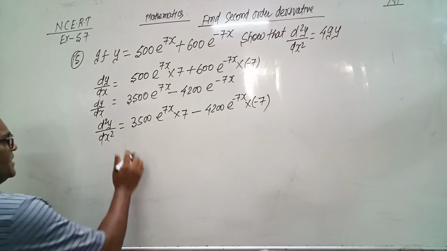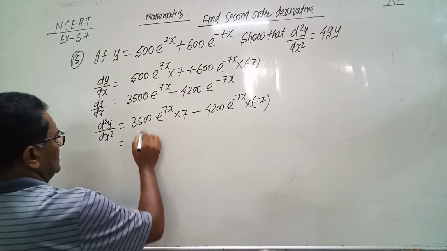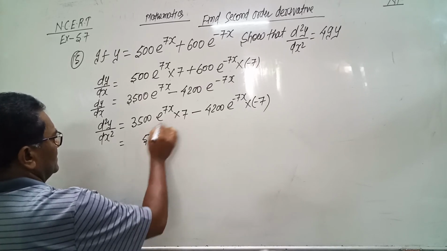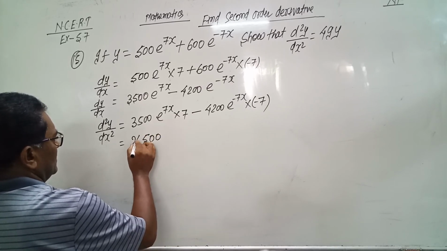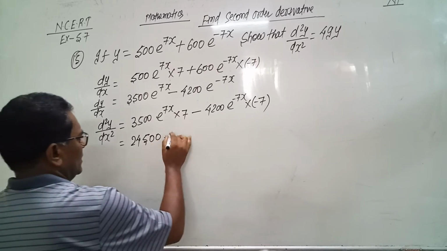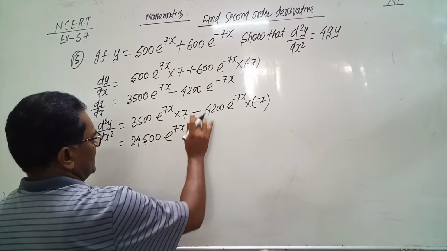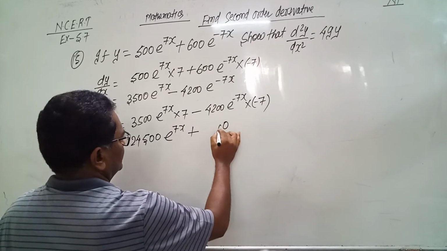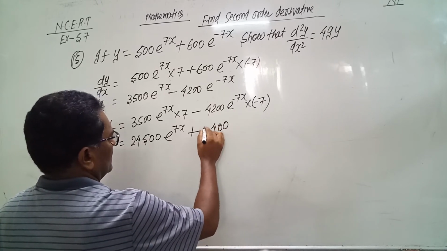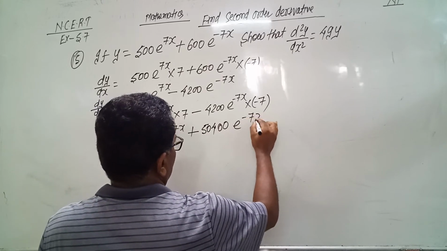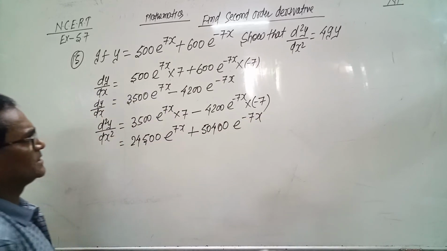So we get 3500 into 7, 24500 e raised to the power 7x, minus minus plus 4200 into 7, 29400 e raised to the power minus 7x.